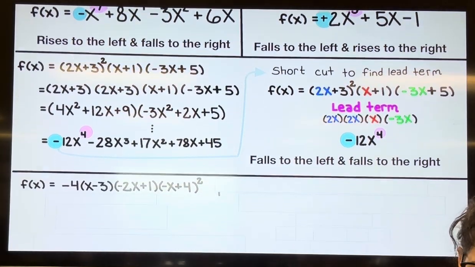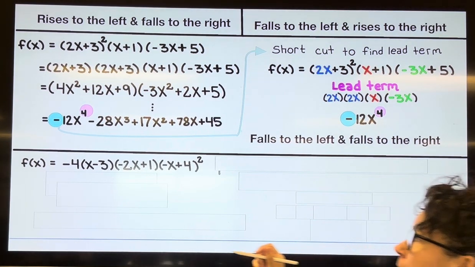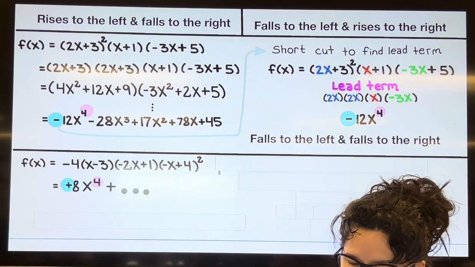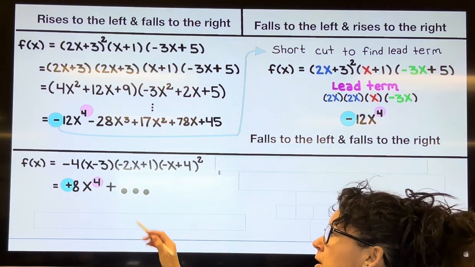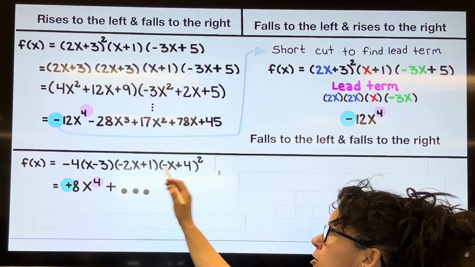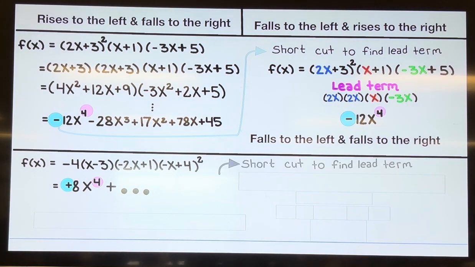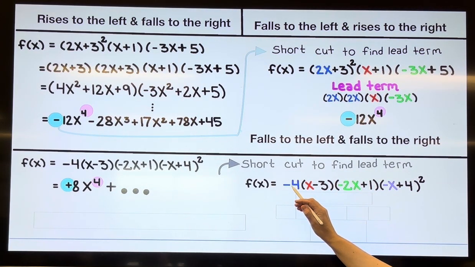So here's one more example like that. Okay, for this one here, if I was going to multiply this all the way out, it would end up looking like this. And I don't want to have to multiply it all out. So using my shortcut of just multiplying all my leading terms together, negative 4 is one of them.